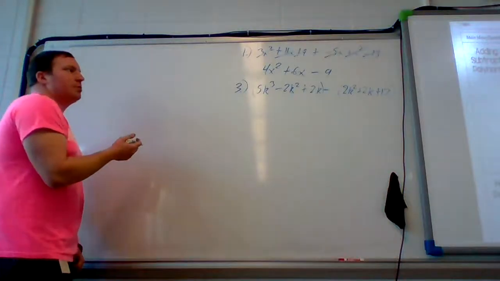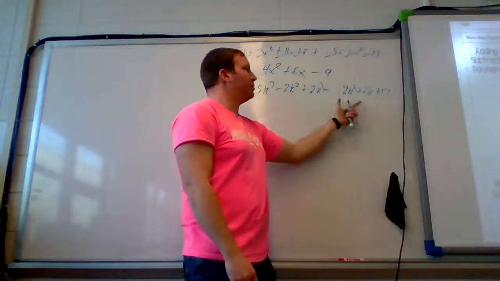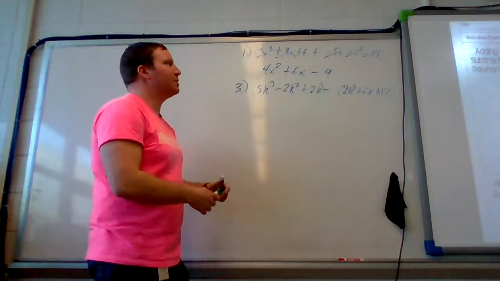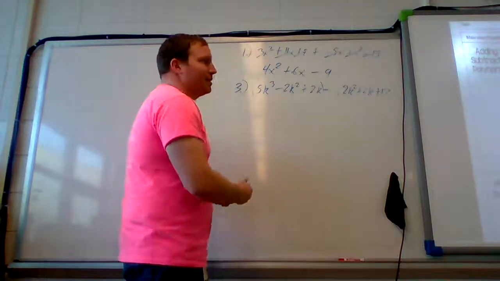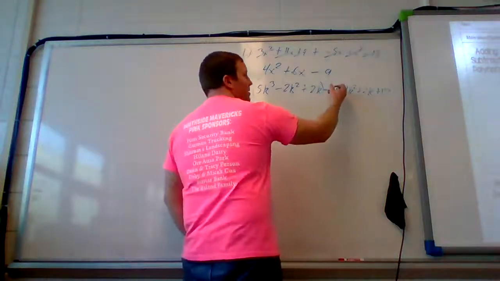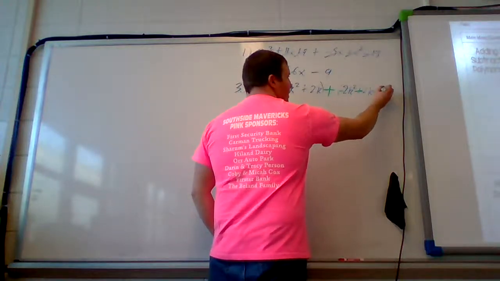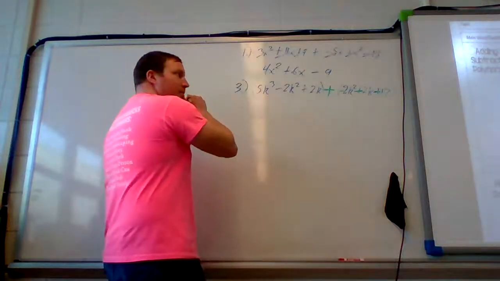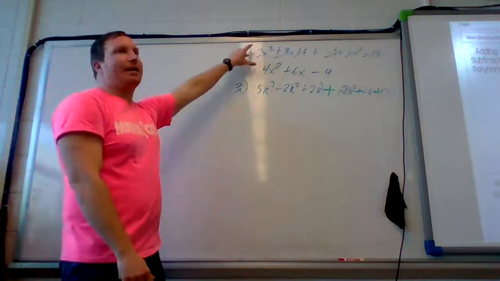What we want to do in this case is, because we're subtracting this entire polynomial, change it to an addition problem. We can distribute that negative to everything on the inside of those parentheses. So I'm going to change it to an addition problem by changing the signs of everything involved.